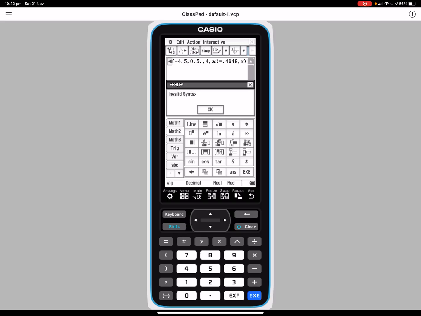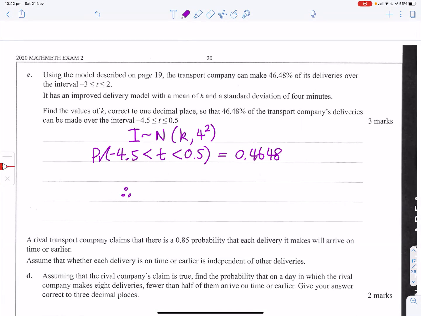We can solve for x. What's wrong with that? I've got an extra dot there. So x is negative, so our mean is -2.5 or -1.5. Find the values of k. So k is -2.5 or -1.5.